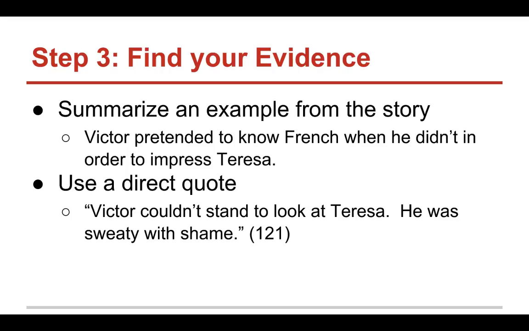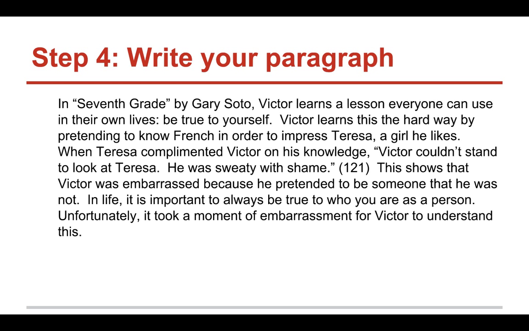Now that we have our textual evidence, what we need to do is write our actual paragraph. So I have written a paragraph here for you to give you an example. It says, in 7th Grade by Gary Soto, Victor learns a lesson everyone can use in their own lives. Be true to yourself. Victor learns this the hard way by pretending to know French in order to impress Teresa, a girl he likes.